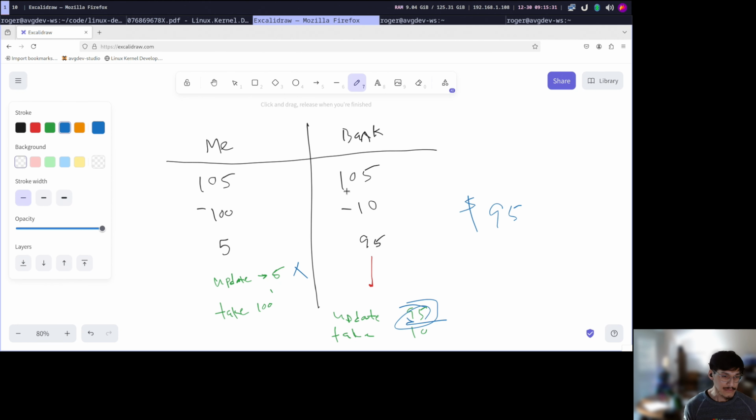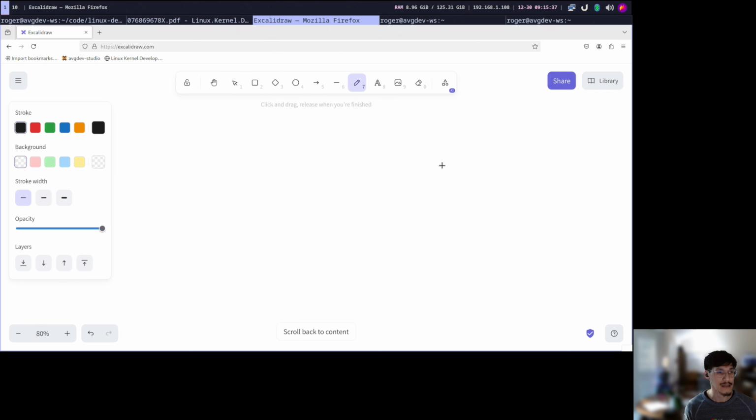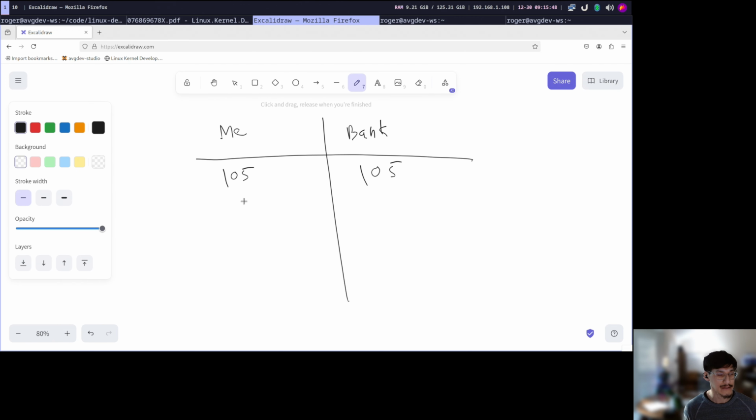So, and it could also go the other way around, right? Like another scenario here, okay, is, if it's me, and then there's a bank. Okay, let's say the other scenario is 105, and let's say the bank goes first, right, and takes like $10, and then I get preempted.